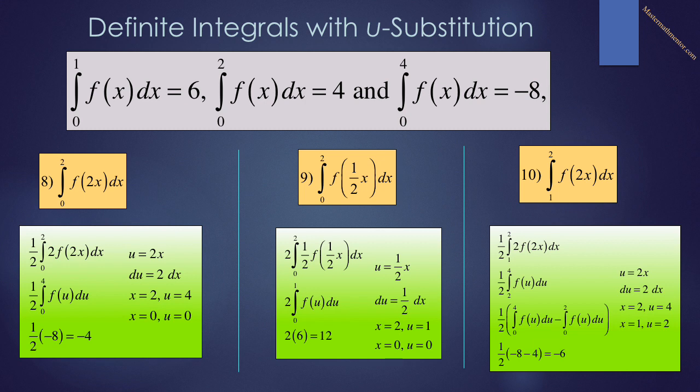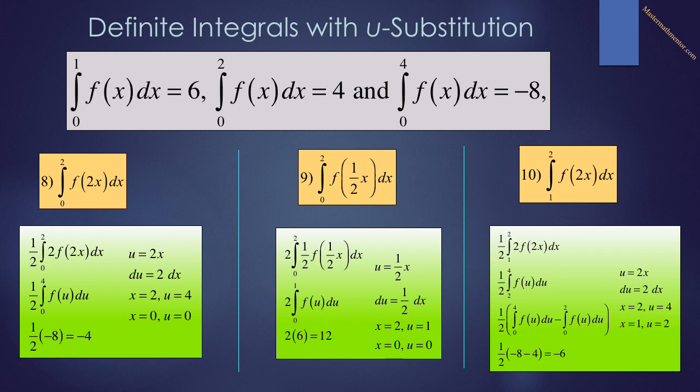We let u equal 2x and du equals 2 dx. So we need a 2 on the inside, a 1/2 on the outside, and this problem becomes 1/2 the integral from 0 to 2 of 2 f of 2x dx. Changing into u, we have 1/2 the integral of f of u du, and now we change the limits. If x is equal to 0, u is equal to 0.